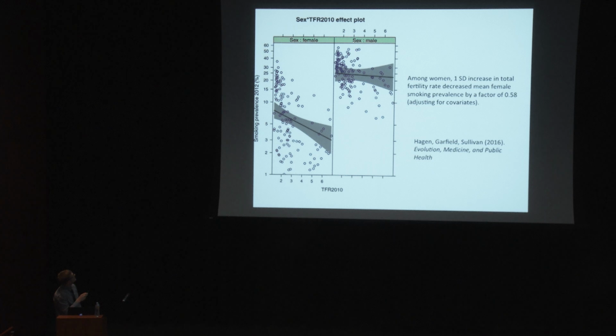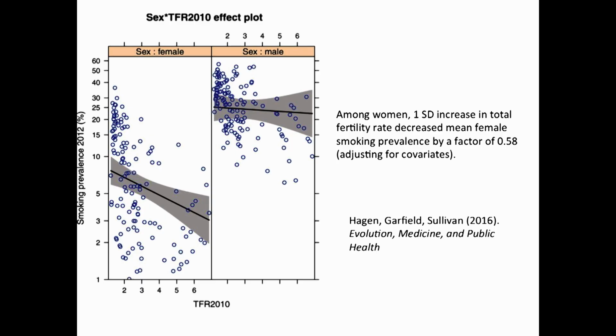What she found was that controlling for gender inequality and everything, total fertility, this is females right here, has a very large effect on female smoking prevalence rates across populations. So the higher the fertility for women in a population, the lower the smoking prevalence in that population. So indeed, it looks like fertility is playing a large role in smoking prevalences for women. And this effect was actually larger than gender inequality. So gender inequality does matter, but total fertility also matters, and perhaps even more.